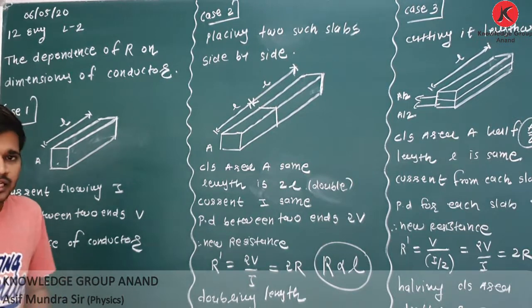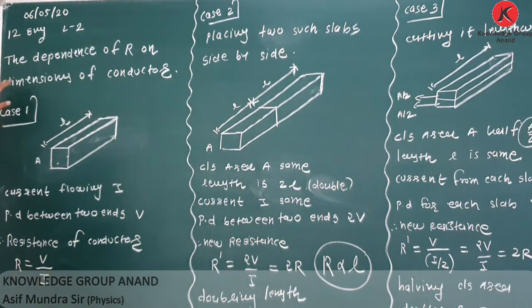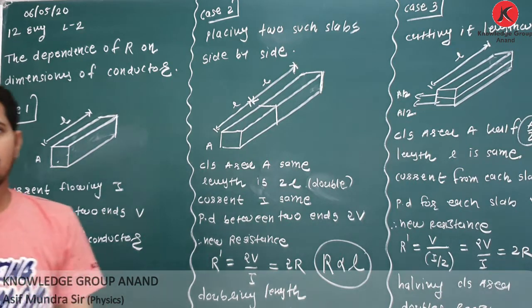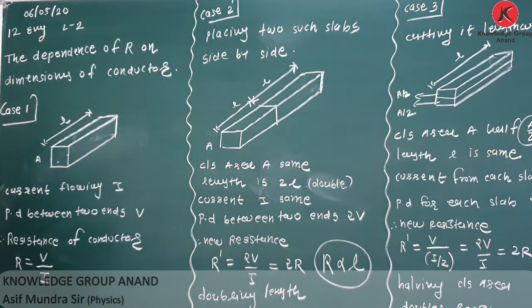Okay students, now we will see the dependence of resistance on the dimensions of a conductor. Case 1: we have one conductor having cross-sectional area A and length L. For this slab, the dimensions are cross-sectional area and length.